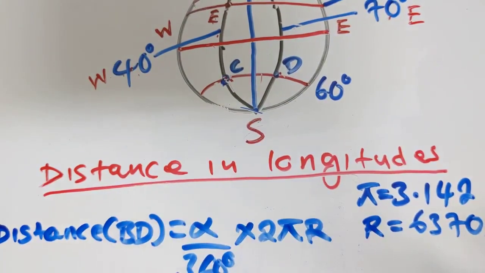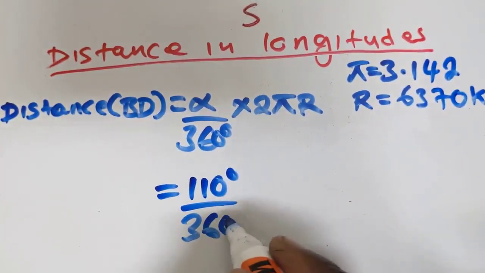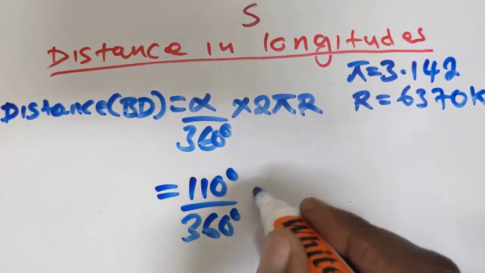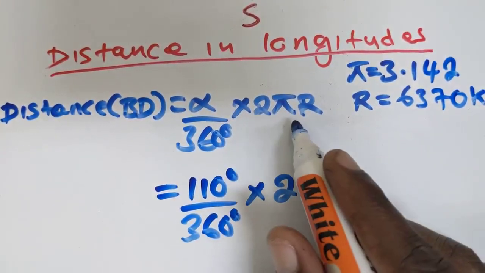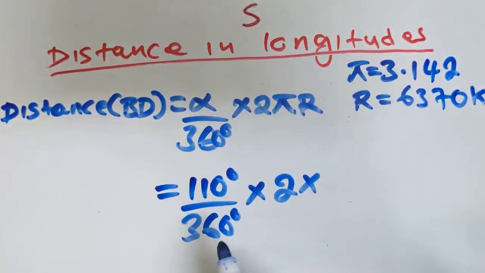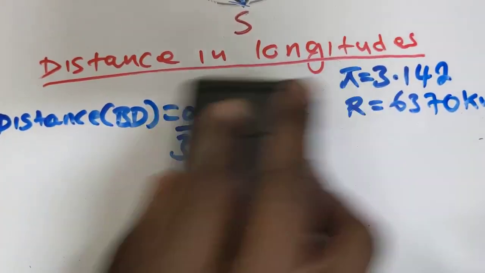So just put 110 degrees over 360, multiplied by 2 multiplied by pi. It is just going to give you the same answer. So that is how you do it.